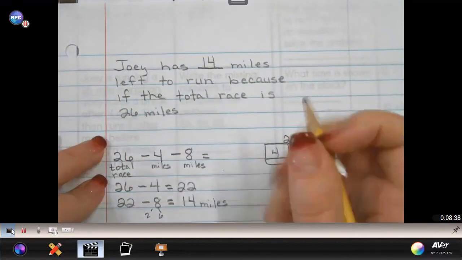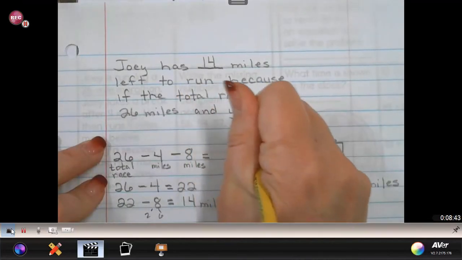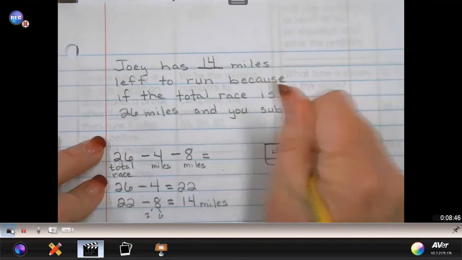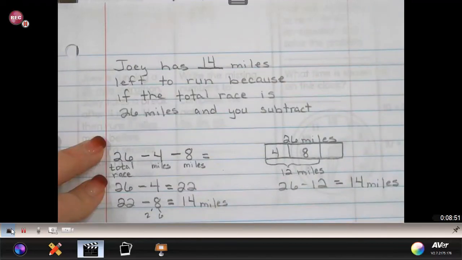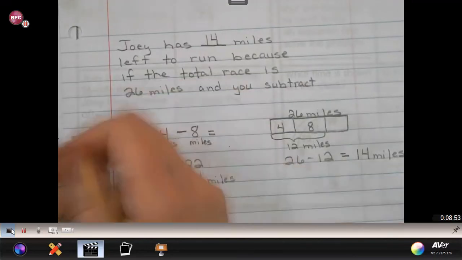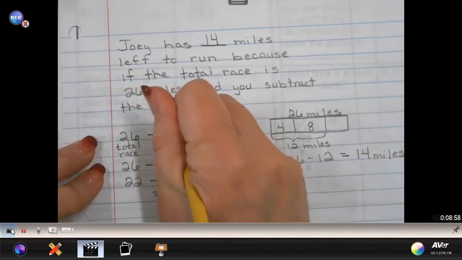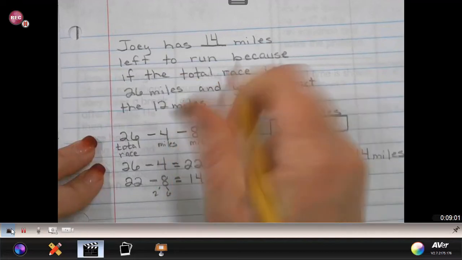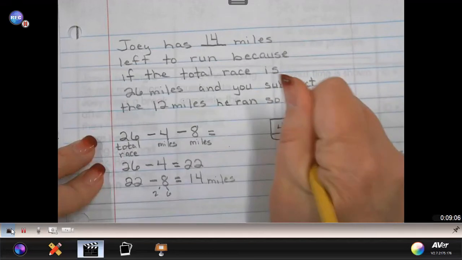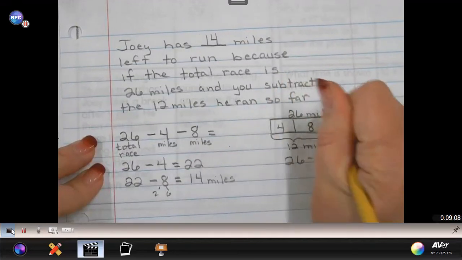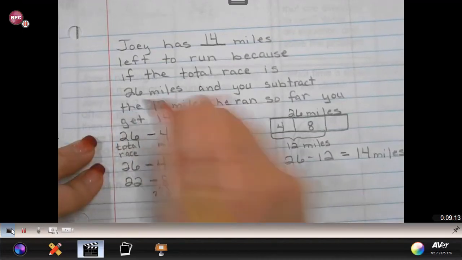If the total race is 26 miles and you subtract what he has run so far, right? If you subtract the 12 miles he ran so far, you get 14 left.